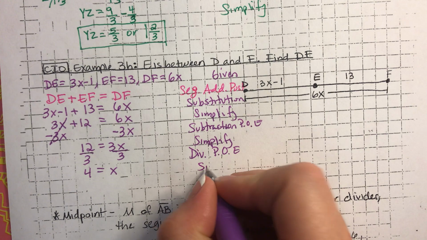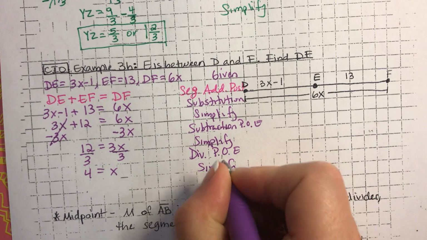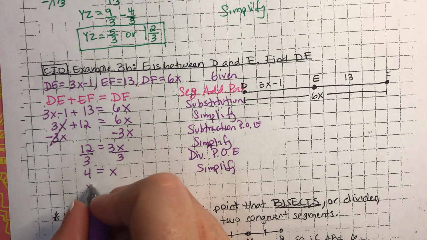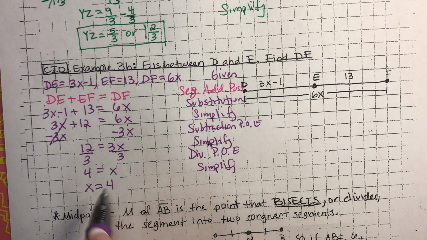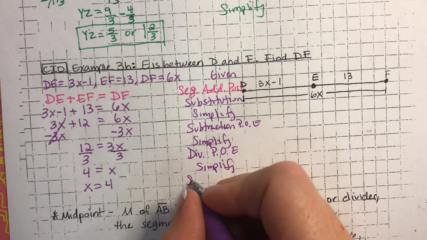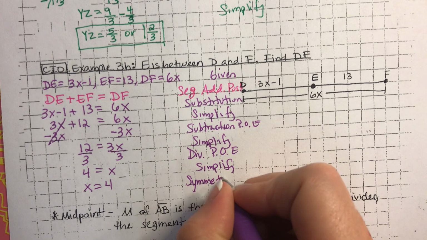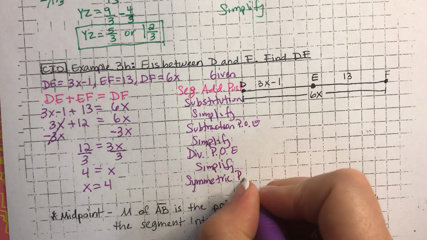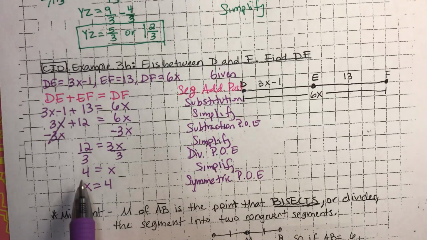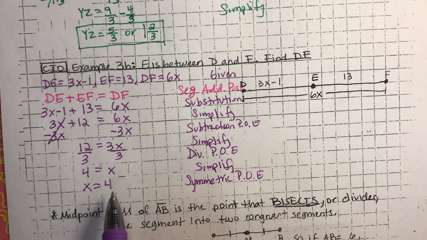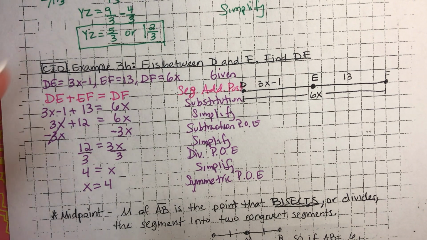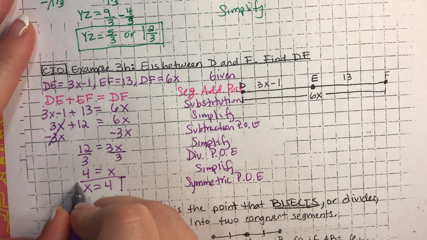So that's some more simplifying, but I always want to make sure that I write this x on the left side. So when I just flip-flop it like that, I can do that because the symmetric property of equality says I can. It just basically says that 4 equals x is the same thing as x equals 4. And so there you have it.